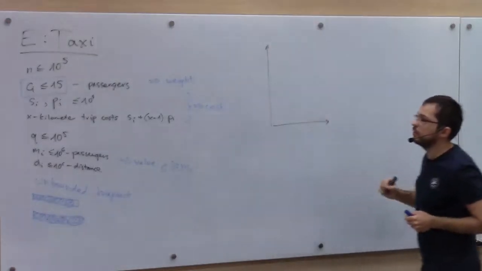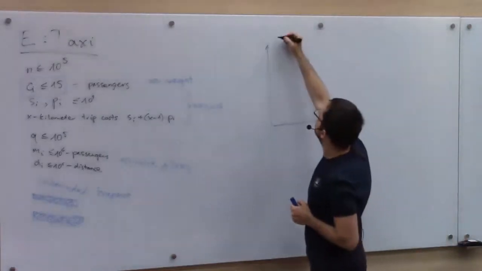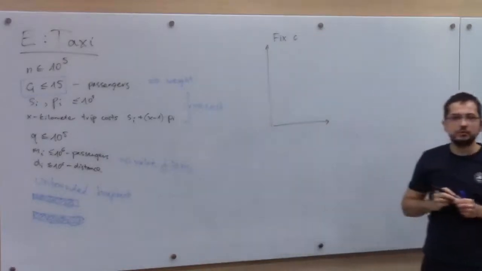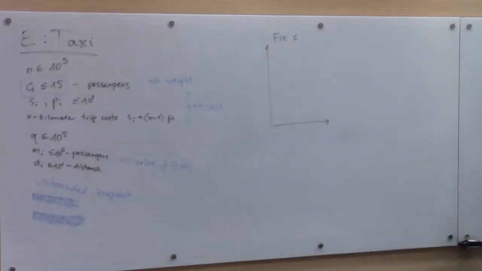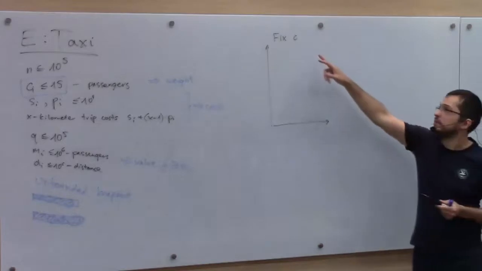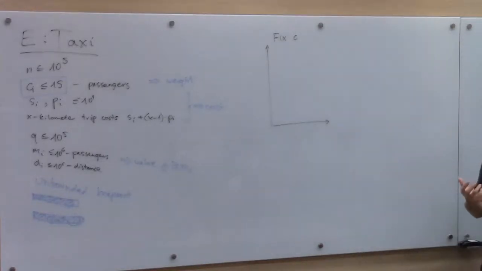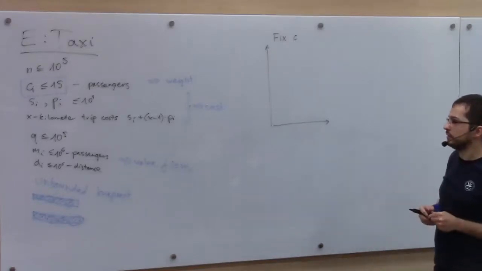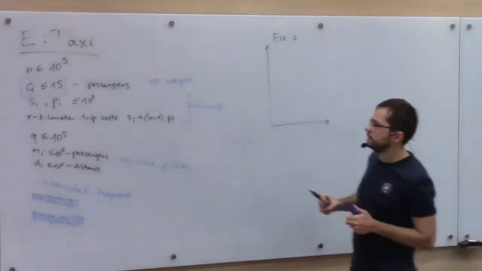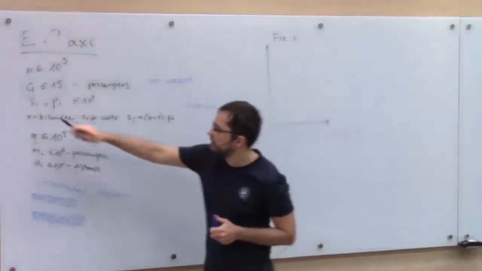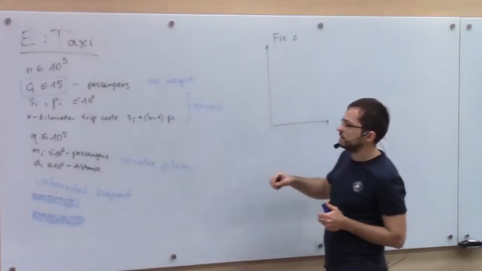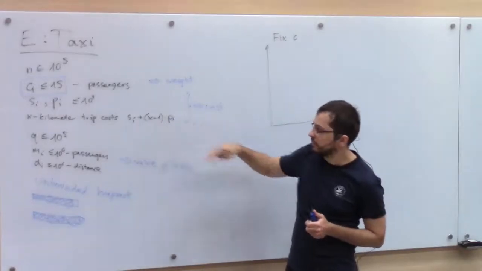Basically, what we do here, we are fixing the value c, the number of passengers in the car, and we are considering all the cars which have the number of seats equal to c. And from these cars, we would like to find the car which gives us the smallest cost of the trip. And each car is determined by these two values, si and pi. And the cost of the trip is going linearly using this equation.